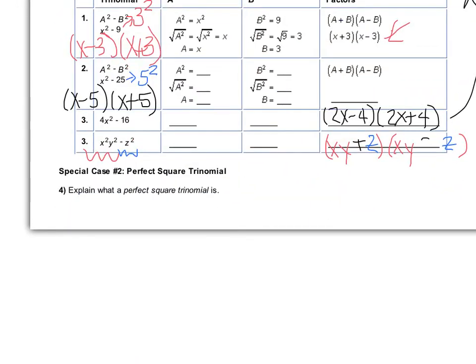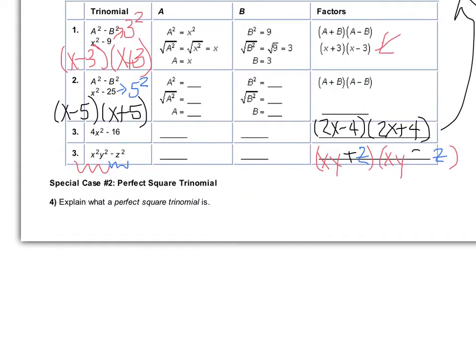So moving down to the next part is what's called a perfect square trinomial. Okay, so perfect square, we talked about that, where like 25 was a perfect square because it's the same thing as 5 times 5.